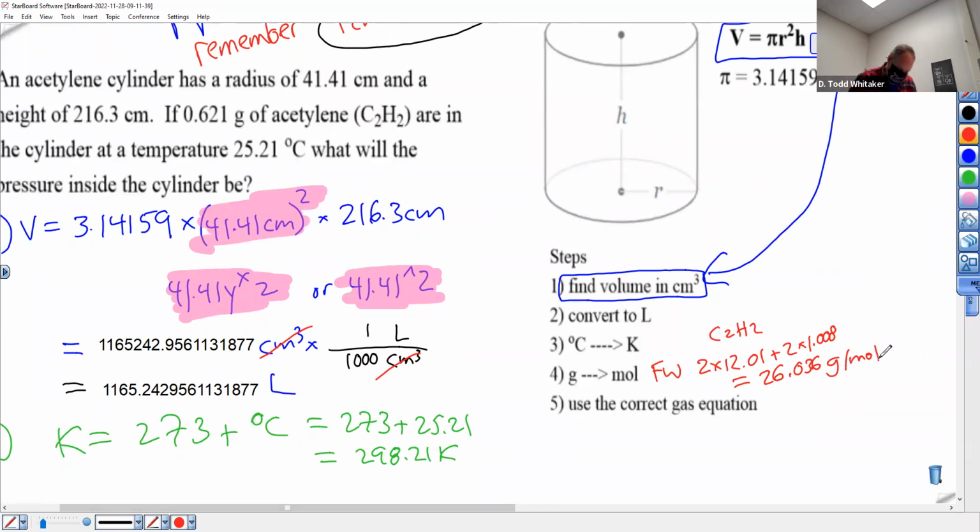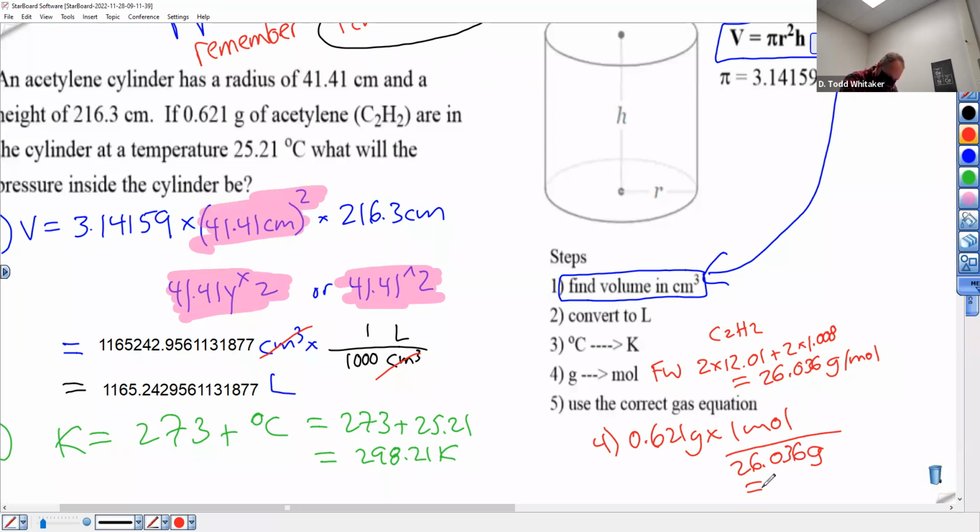Now I'm doing step 4 right here since I'm over there. I've got 0.621 grams times 1 mole for every 26.036 grams. And that's small.